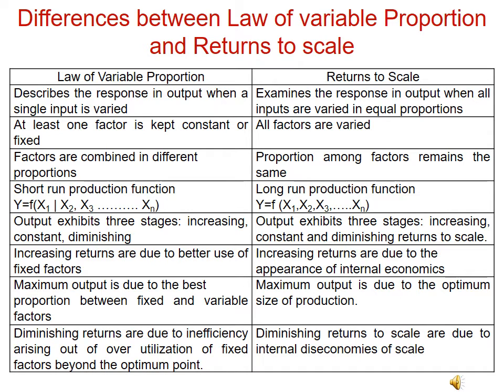Diminishing returns are due to inefficiency arising out of overutilization of fixed factors beyond the optimum point. When the fixed factors are utilized beyond the optimum point, then diminishing returns occur in case of law of variable proportion. However, in case of returns to scale, diminishing returns occur due to internal diseconomies. So this internal economy and diseconomy of scale I'll be discussing in our next slides.